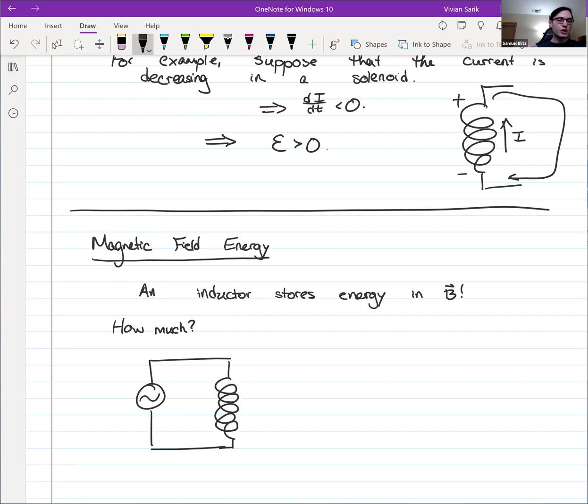Because the inductor behaves like an EMF source, the power absorbed or emitted by that EMF source has the formula P equals IV.